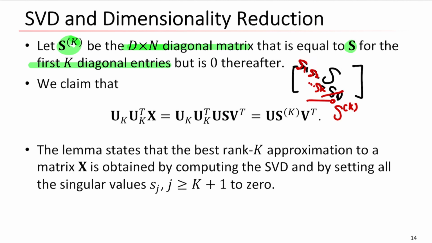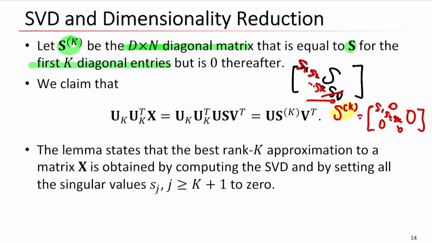So if we rewrite this one, S1, S2 through Sk and 0, 0, 0, with the other part also 0, right? Okay, let's introduce a new Sk here.